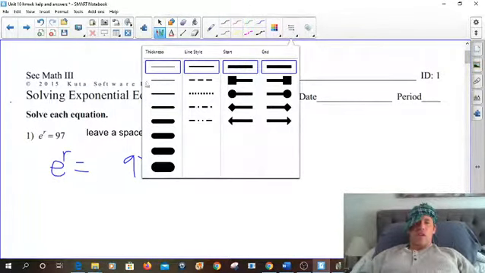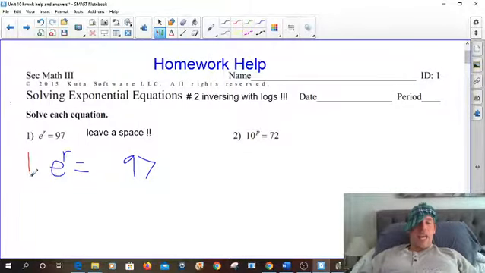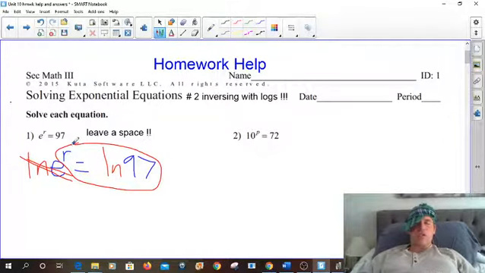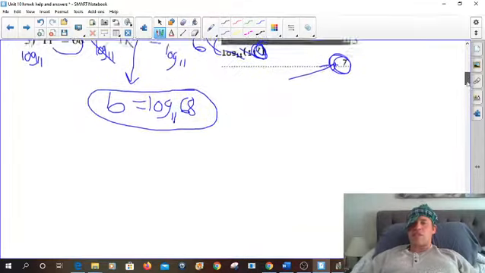We're going to ln, because that undoes e. So we're going to ln one side, and if you ln one side, you have to ln the other side. And so that just gets rid of e. And now we have what r equals. r just equals ln 97. Bam, wham, thank you ma'am. Probably put it in parentheses, but that's it. So these problems are pretty easy peasy lemon squeezy.